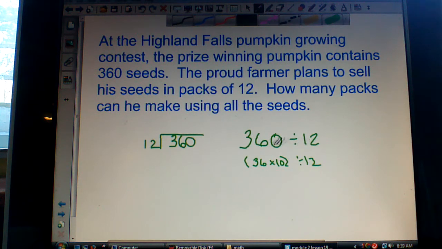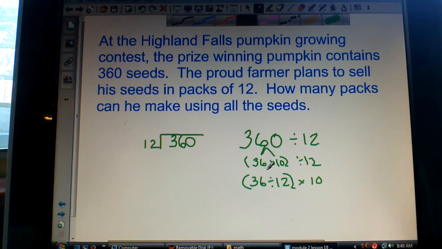Okay, so we have this broken up. 36 times 10 equals 360, and we're dividing that by 12. So now to make it easier on ourselves, we're going to switch this. And we're going to say 36 divided by 12 times 10. Okay, which is basically the same thing as this, but here we broke it down.